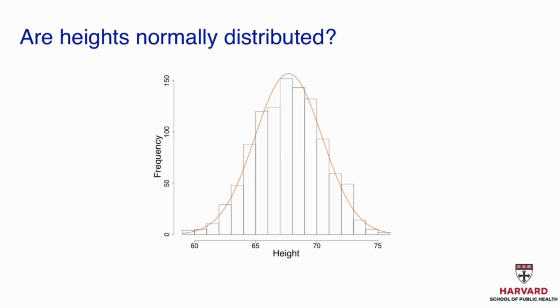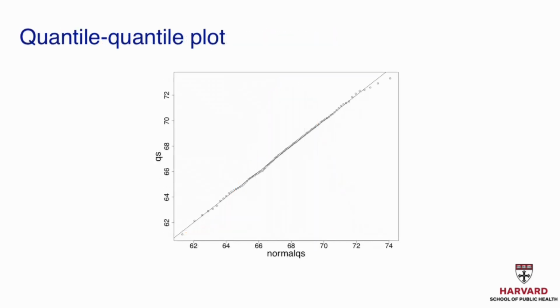To look at this a little bit more rigorously, we can look at what is called a quantile-quantile plot. So what we do is we compute, for example, the percentiles. So we go 1%, 2%, 3%. So we compute what is the number for which 1% of the data is below that number, 2%, 3%, 4%. And we compute what are called the percentiles.